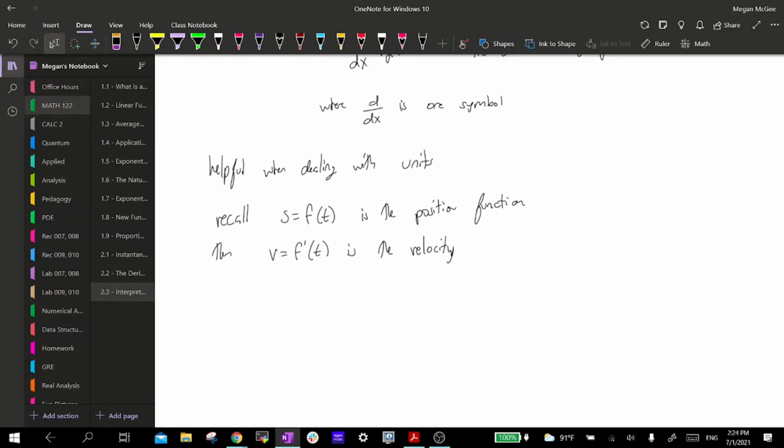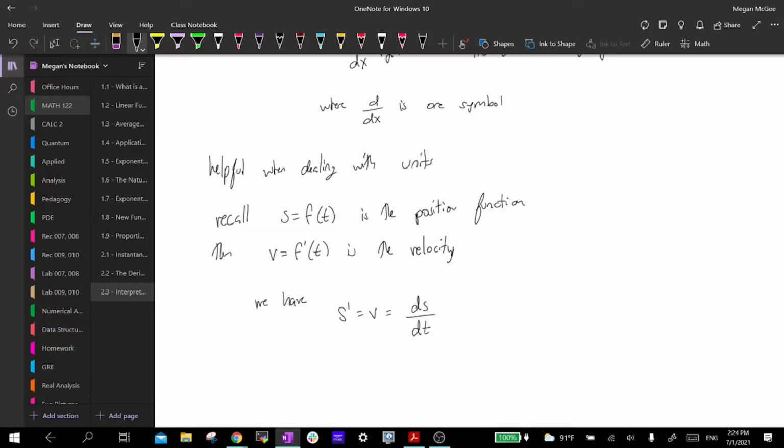So if we write our velocity derivative in Leibniz notation, we have s prime, which is equal to v, is ds over dt.